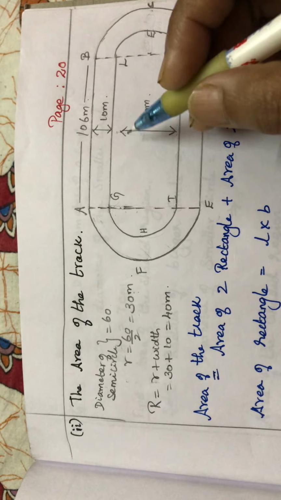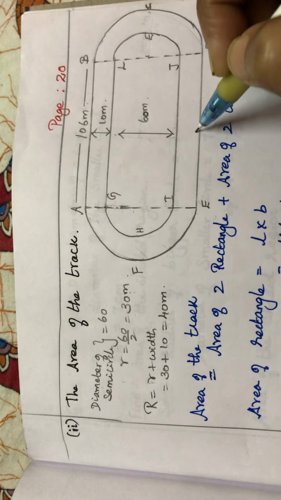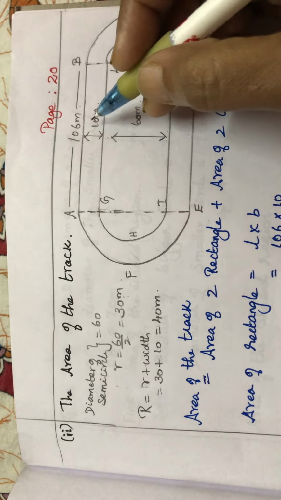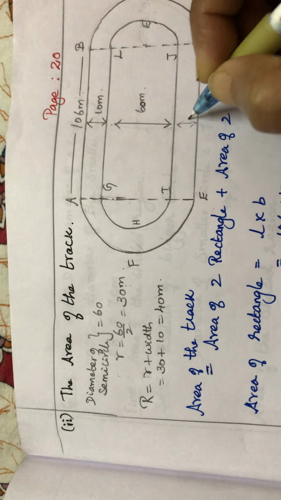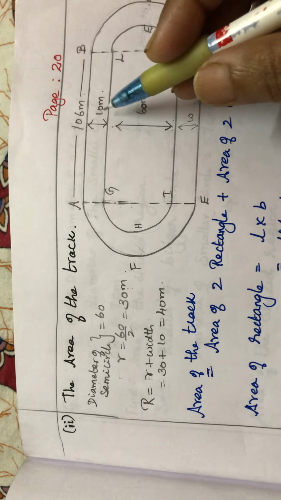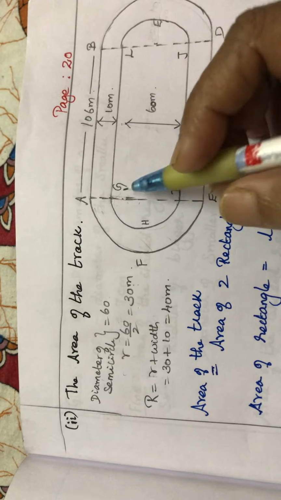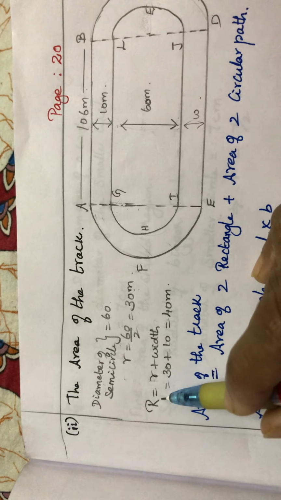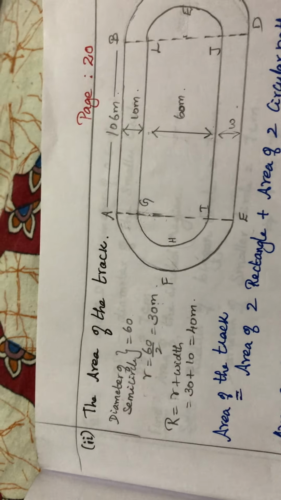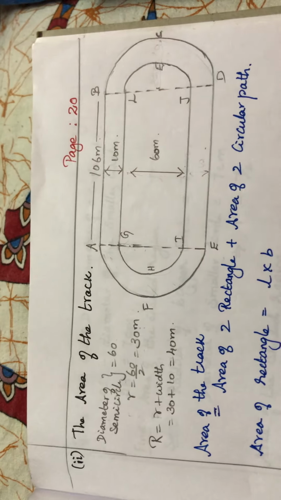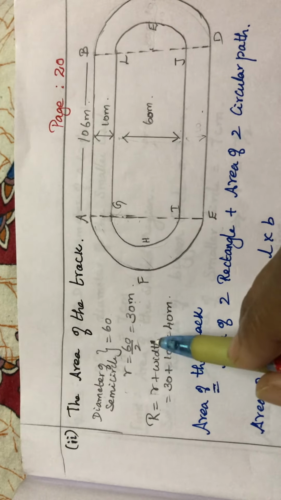Now capital R is the radius of the outer ring. So here it is 60, here it is 10, here it is 10. So when I add this, what will it be? The radius is nothing but this part. Capital R is equal to small r plus width.